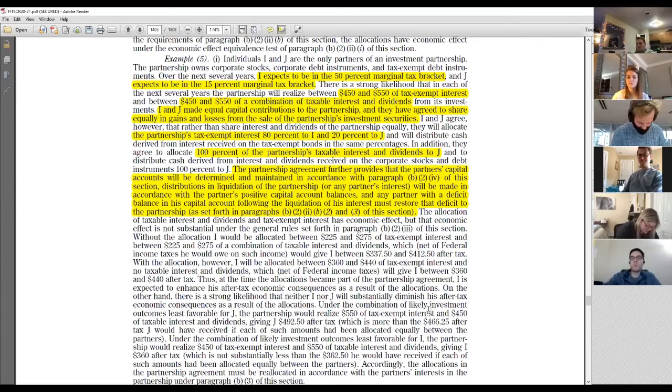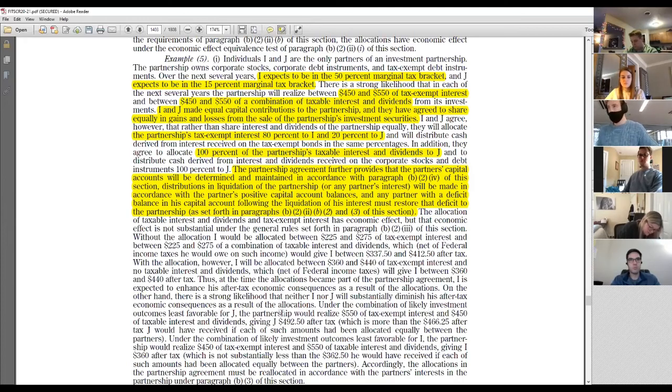But what we're going to do is we're going to say, okay, we're really looking for, is there a possibility that any partner could be worse off? So we're going to compare to the 50-50 baseline. Is there any chance that any partner could be worse off? And so what we can immediately do is jump to the likeliest chance that someone will be worse off.